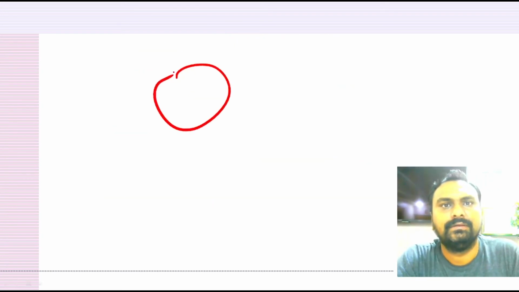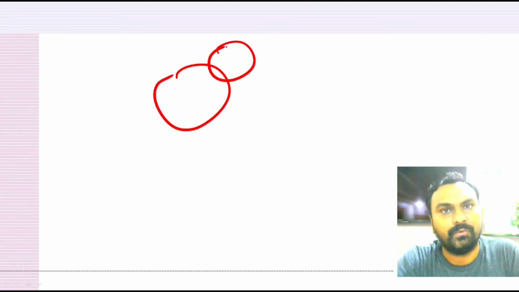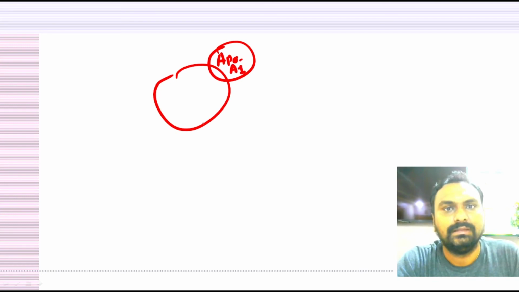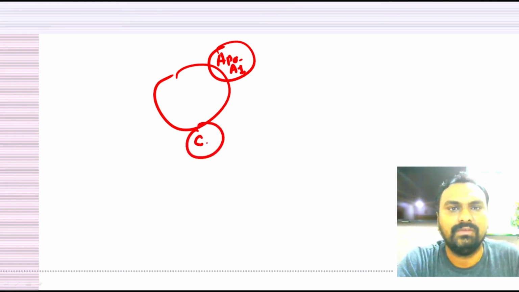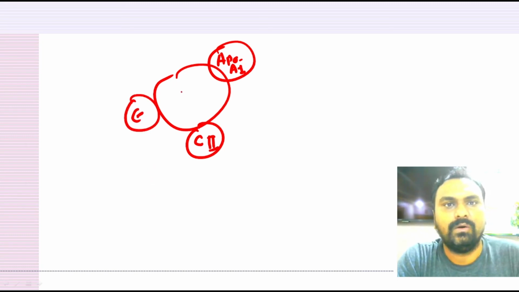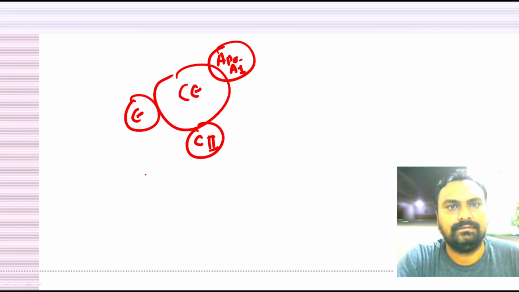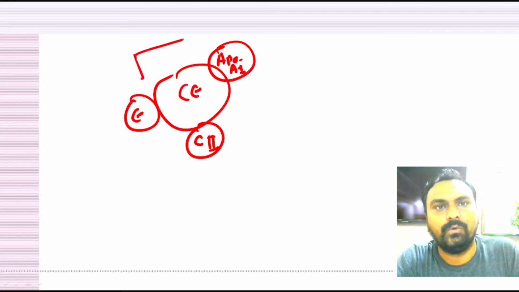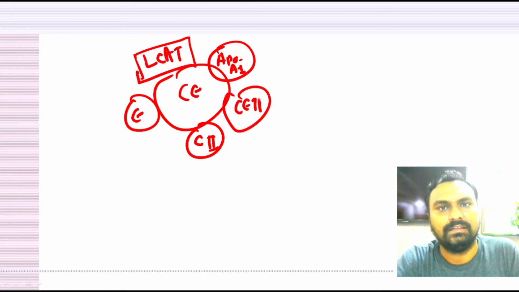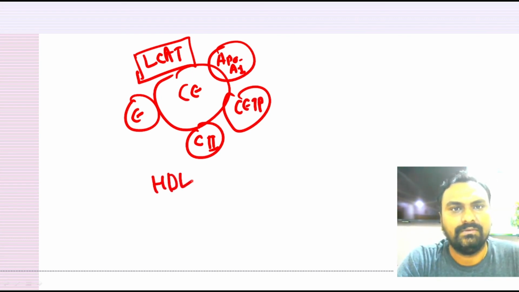The high density lipoprotein has various apoproteins like ApoA1, then, as we have learned in chylomicron and VLDL metabolism, ApoC2 and ApoE. Okay, and some amount of cholesterol ester is there. Okay, there are two important enzymes that are associated with this HDL, that is LCAT and cholesterol ester transport protein. Okay, that we will see.